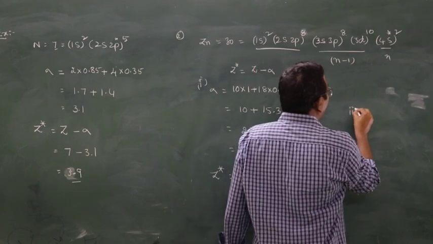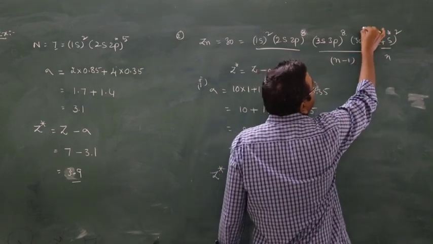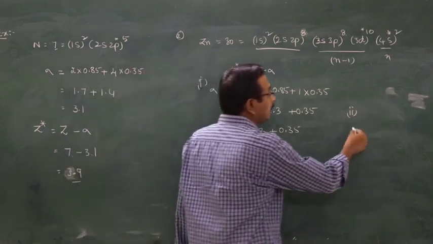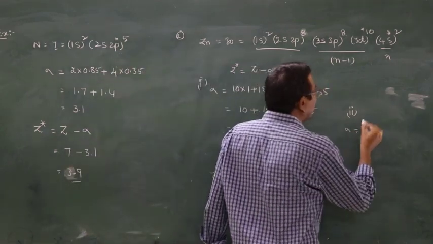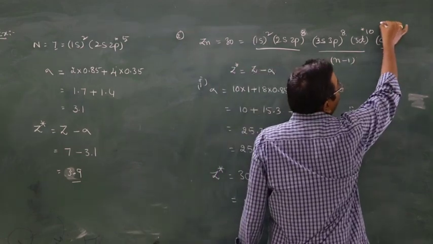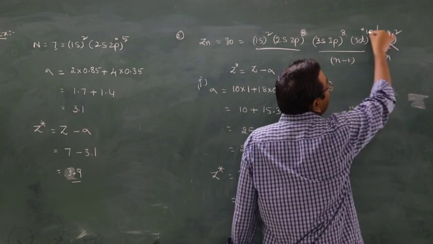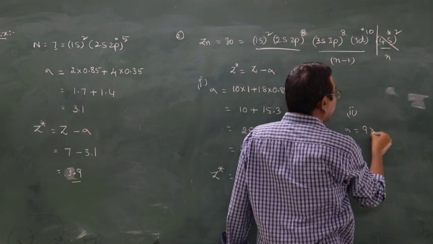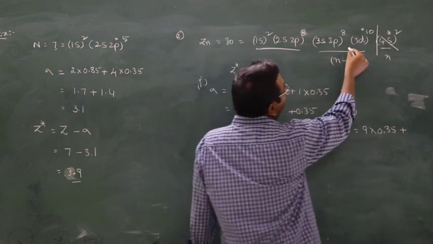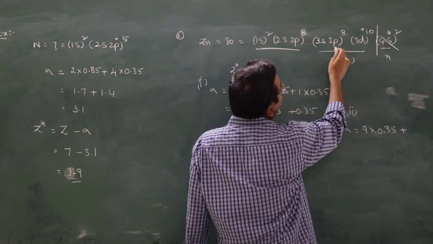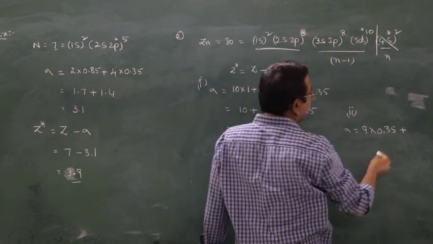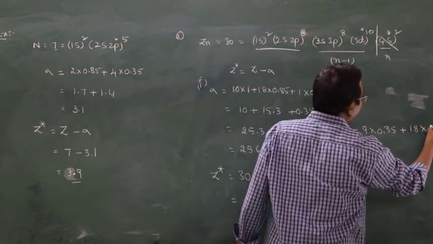Second one. What about the effective nuclear charge of the electron present in the 3D group? For that, sigma is equal to, you have no need to think about this one, 9 into 0.35 plus, and what about the remaining electrons? Remaining electrons, 8 plus 2, 10, 10 plus 18. That is 18 into 1.